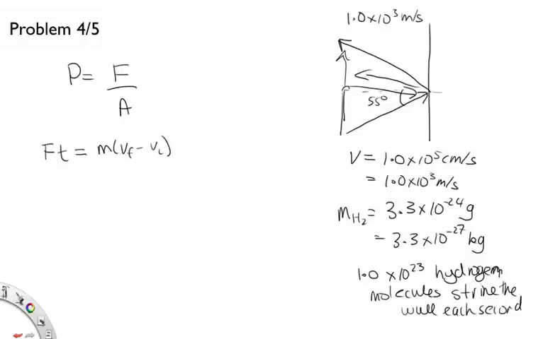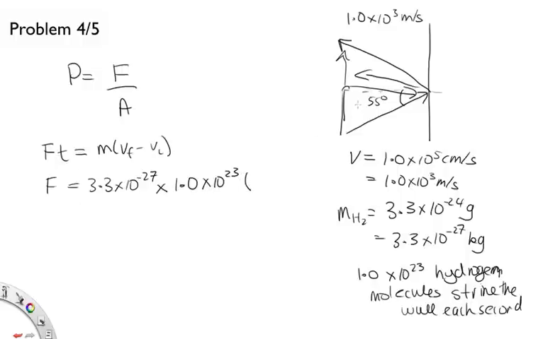But when we're considering V final and V initial, we only need to consider this horizontal component, as the vertical component stays the same. Okay, so the force in 1 second is equal to the mass hitting the wall in 1 second. So that's 3.3 times 10 to the minus 27 kilograms. And there are 1.0 times 10 to the 23 hydrogen molecules. So this is the total mass hitting the wall in 1 second.